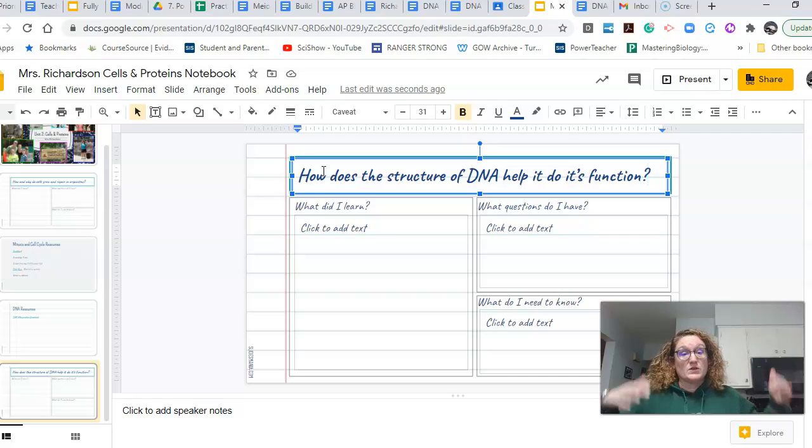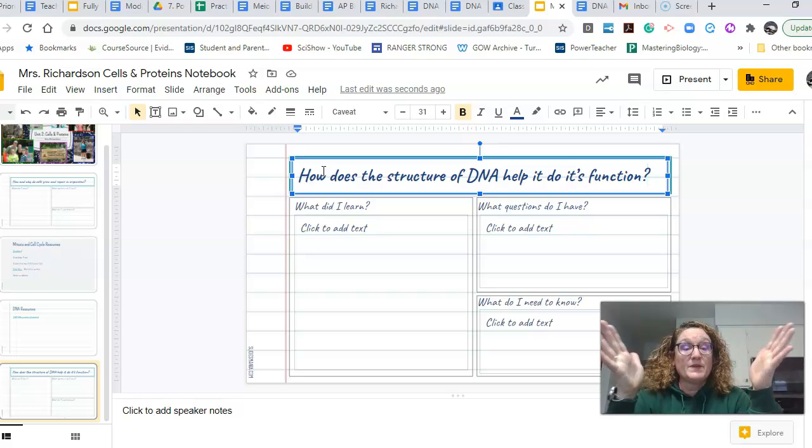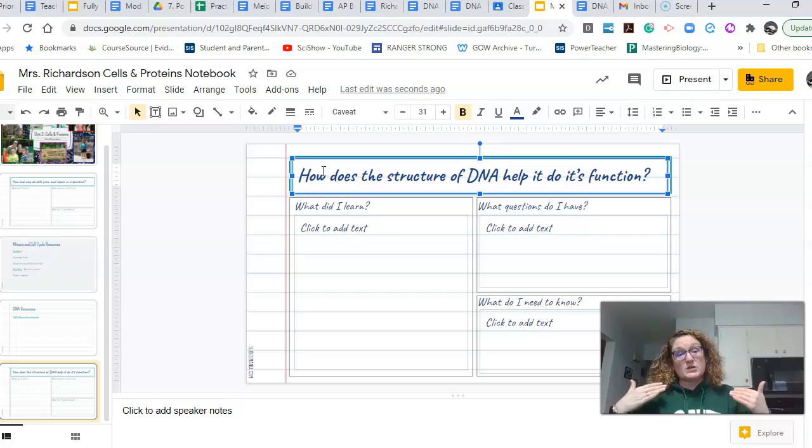So think about this structure with the nucleotides and the fact that A has to always bond to T, G has to always bond to C, and the fact that those can be rearranged in the order. So how does that structure of DNA in terms of having hydrogen bonds in some places, which are weaker, the covalent bonds on the sides, which are stronger, which keeps that structure in order, how does that then help the DNA to determine traits?